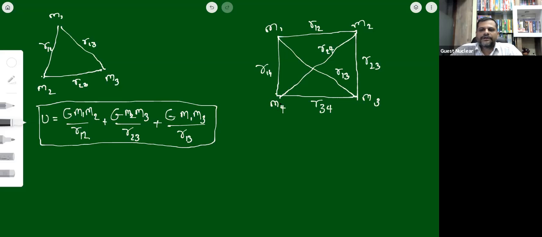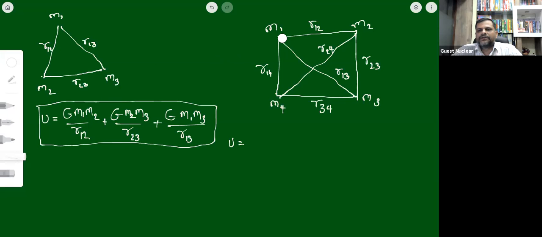Remember, if you consider pairwise, the total potential energy in this system is going to be the potential energy stored in every pair. Every pair has to be considered here. So every pair will contribute as a term in this expression. So the first term here will be composed of m1 and m2 only.